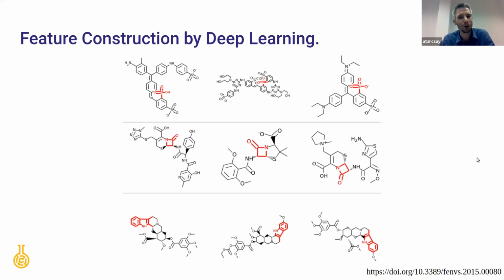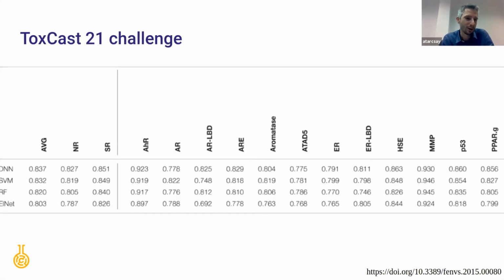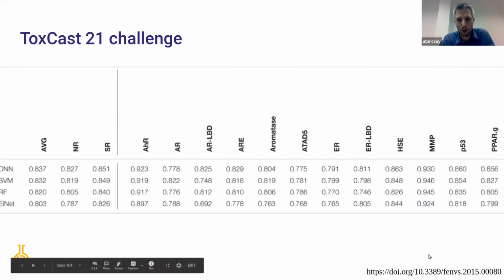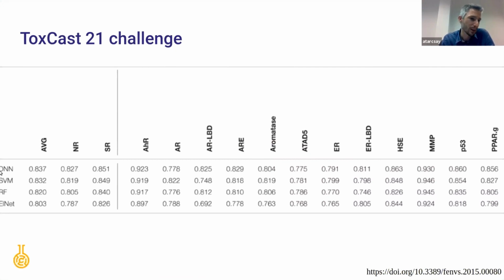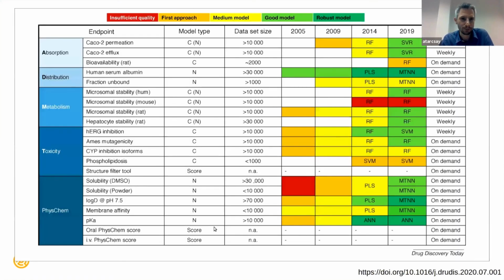So the system learned from the fingerprints the knowledge of what toxicology observed previously. And in this TOX21 challenge, you can check the article here. The best method was the deep neural network, and then support vector machine and random forest if you consider the average precision of the models.